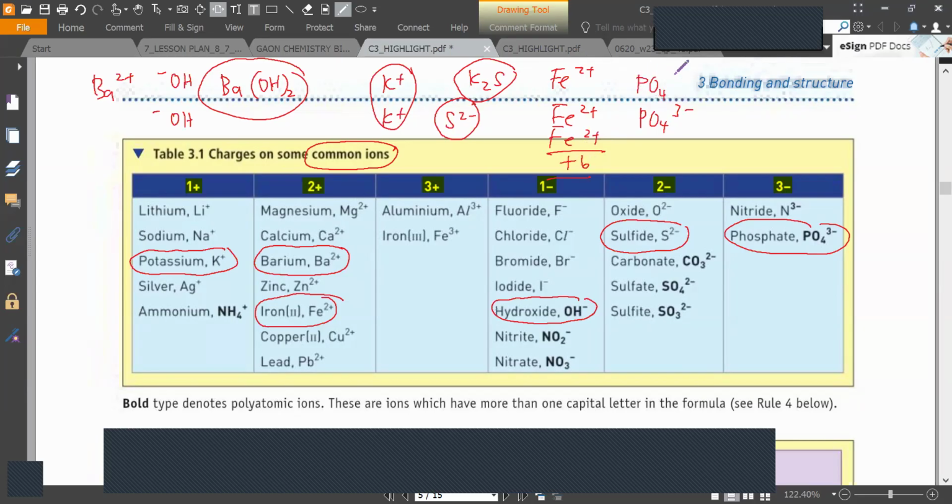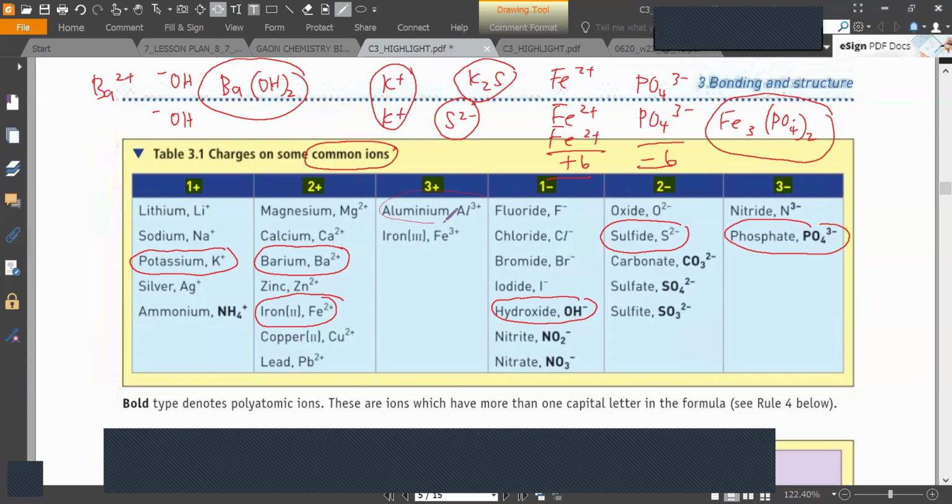For phosphate we need 2 of them, so it will be negative 6. So our correct formula is Fe3(PO4)2. So this is how we work it out. If we know the charge, we can work out the formula.